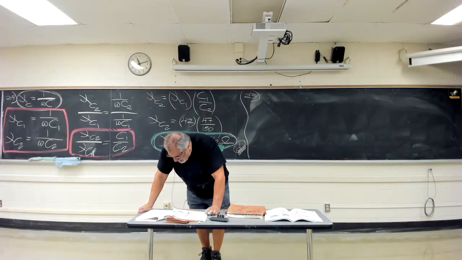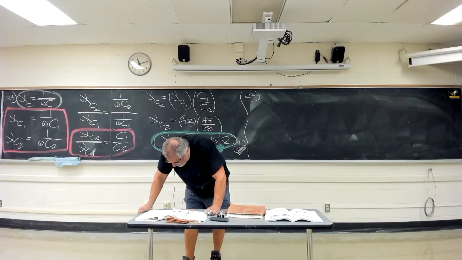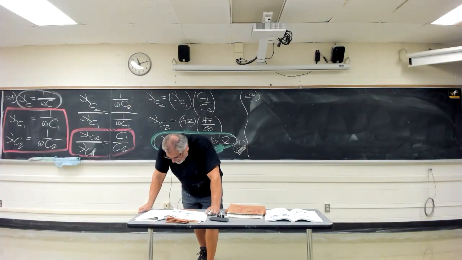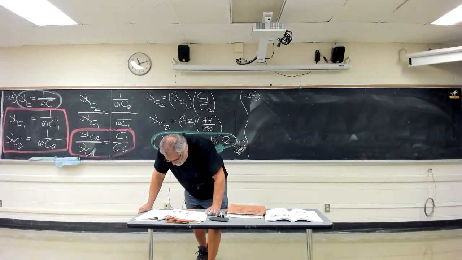The 300 hertz is F, the frequency. If the amplitude of the current in the resistor is equal to that in the capacitor, what is the value of the capacitance?